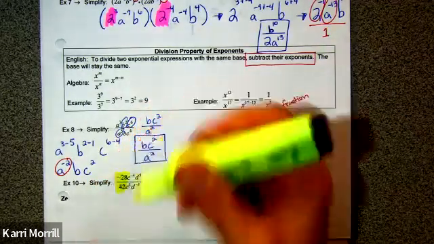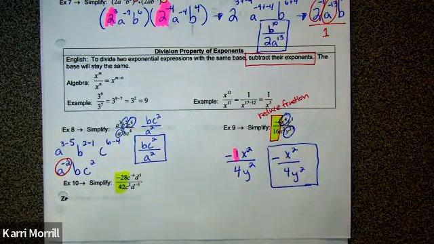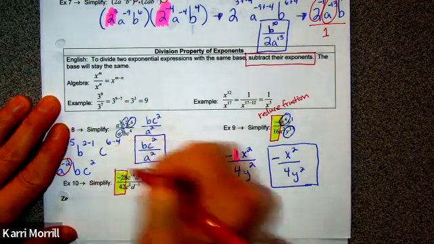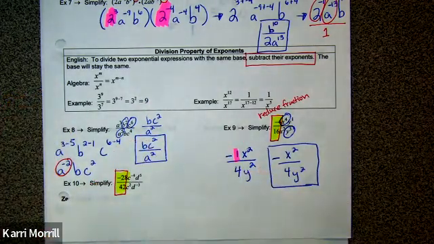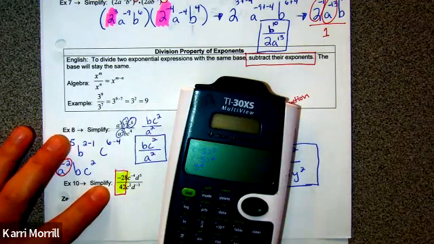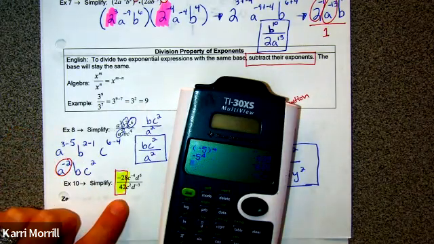First of all, we could reduce this -28/42. Remember your calculator can do that as well for you, if you don't notice what number can go into both. I think it's 14 goes into both of them, right? 7 will, but then I think it reduces a little bit more.